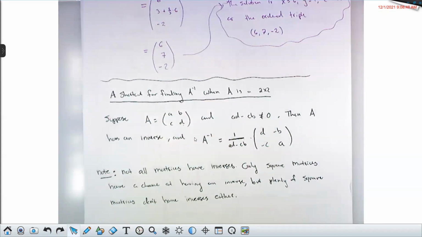In fact, if you take the coefficient matrix for any dependent or inconsistent system, if you have a system of equations that has no solution or has infinitely many solutions, and you try to calculate the inverse for the associated coefficient matrix, you will run into trouble.